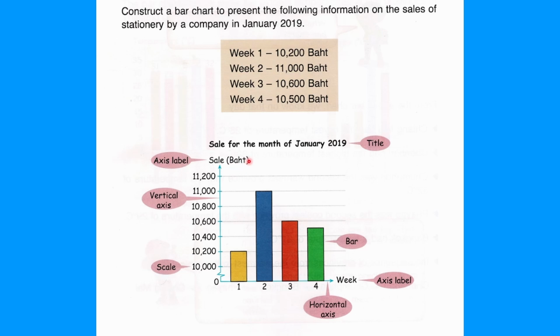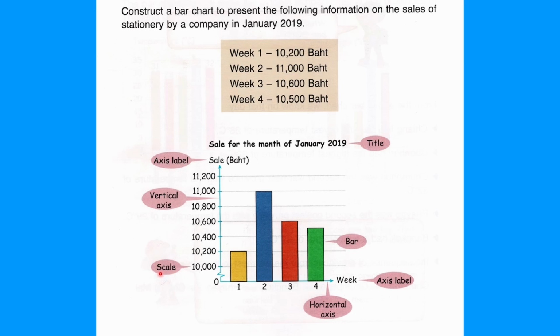So we write baht here so we know that it's in baht, it's not American dollars, it's not the British pound. We know what currency is being used. Vertical axis. This line here is the vertical axis.